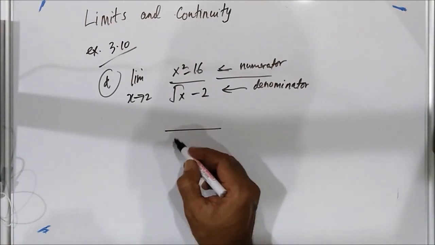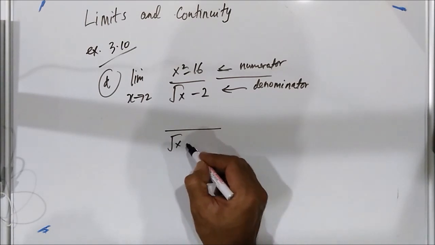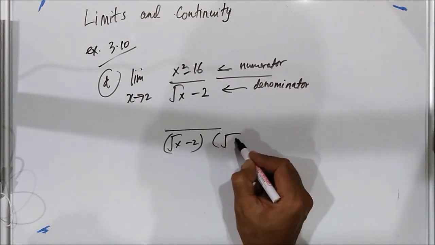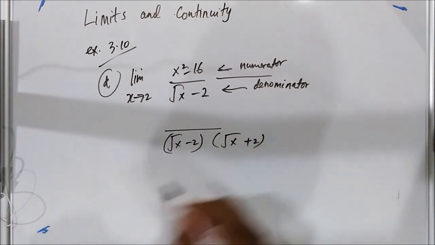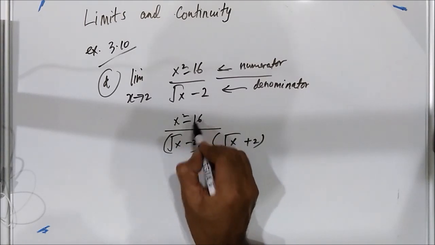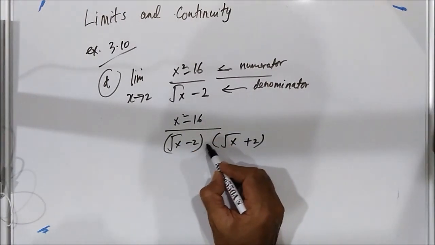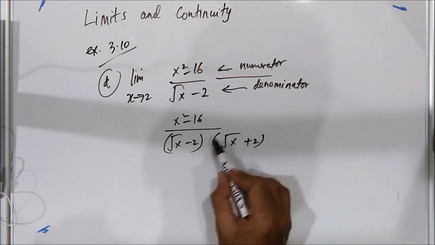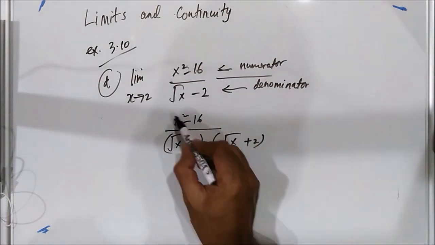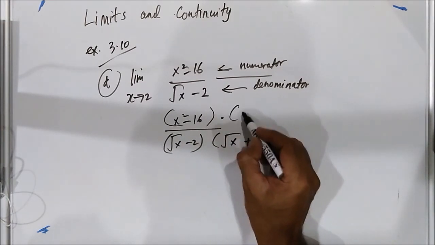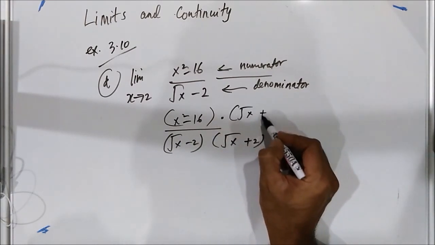So the bottom, square root of x minus 2, I multiply by square root of x plus 2. The top here I have x squared minus 16. Now if I multiply the denominator by a new function, the numerator also I have to multiply by the new function, square root of x plus 2.